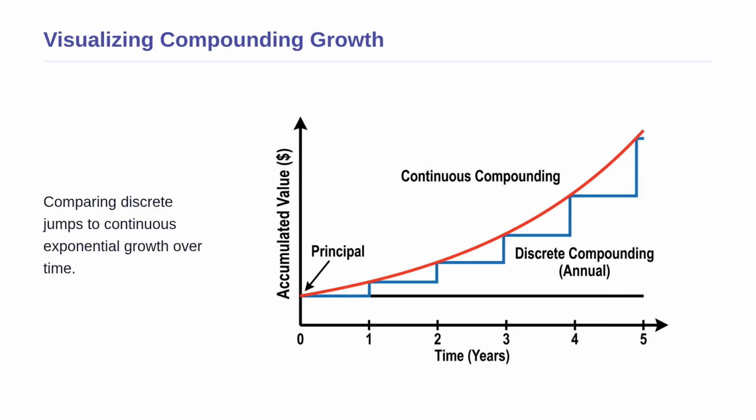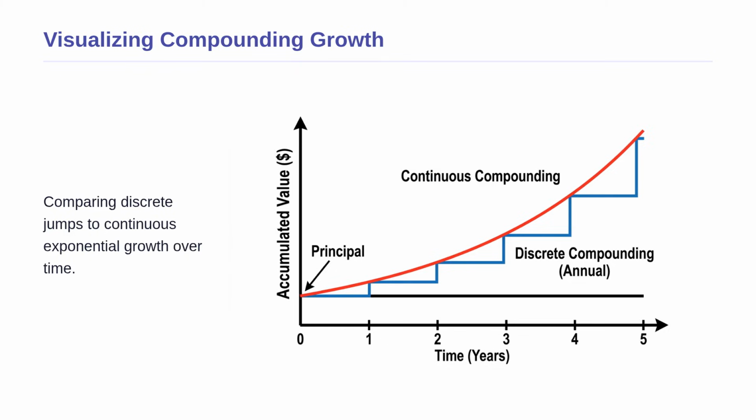Before we move on to calculations, let us see this difference visually. Look at the graph on your screen. The horizontal axis represents time in years, and the vertical axis represents the accumulated value of your money. The blue staircase line shows discrete annual compounding. Notice how the value stays flat and only jumps at specific yearly intervals.